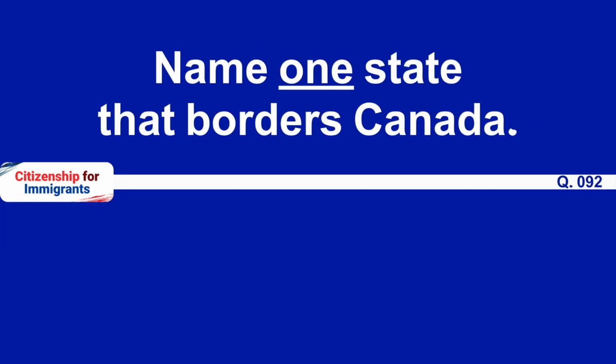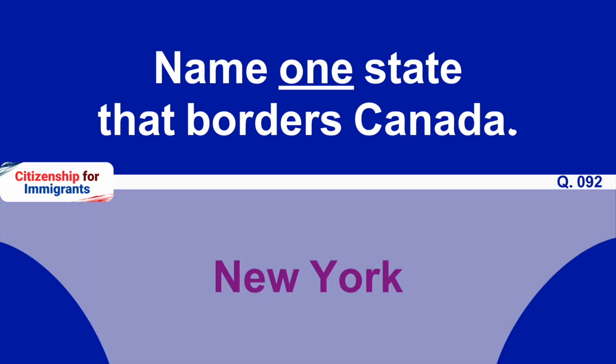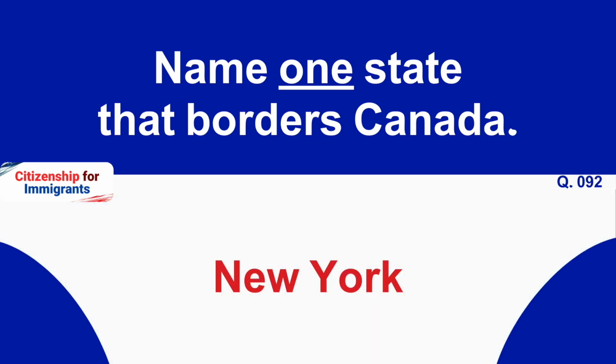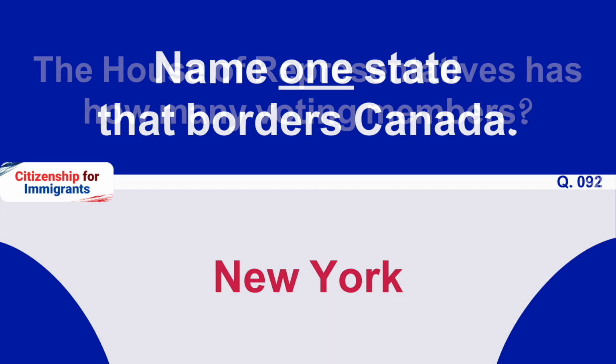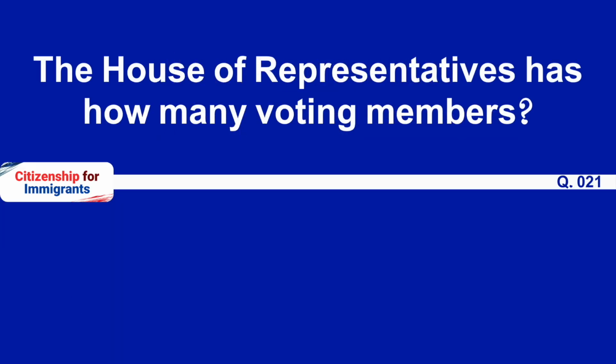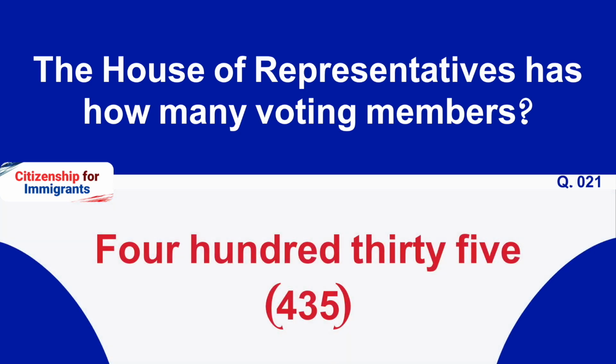Name one state that borders Canada. New York. The House of Representatives has how many voting members? 435.